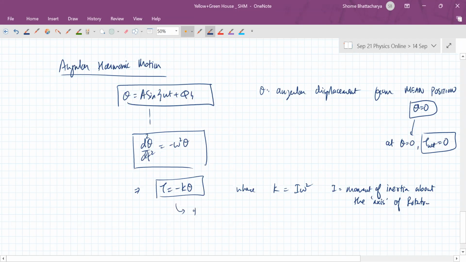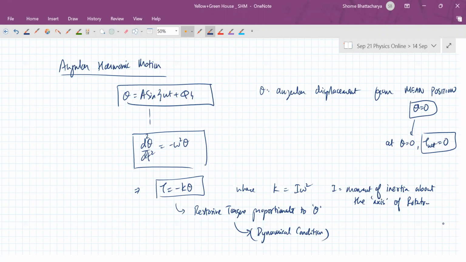So we have a restorative torque, which is proportionate to angular displacement. This becomes the dynamical condition. So further, based on this, we have done the derivation of time period formula for a physical pendulum, which we'd seen depends on two things: the moment of inertia about the axis of rotation and the distance of the axis of rotation from the center of mass.